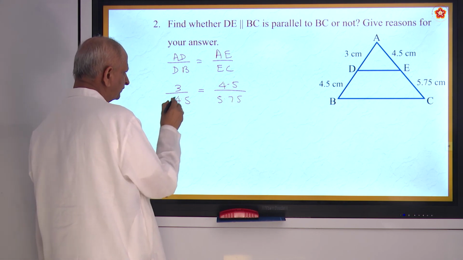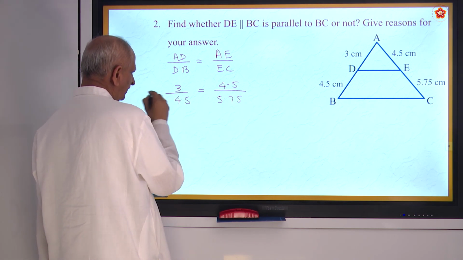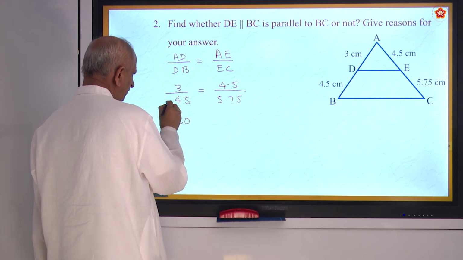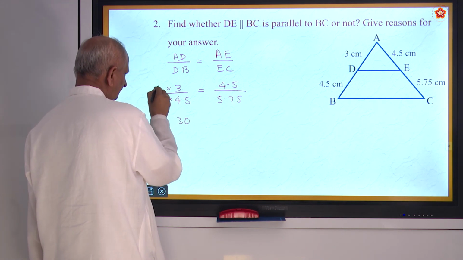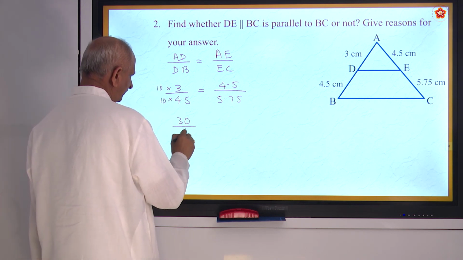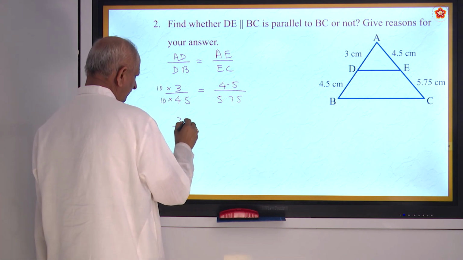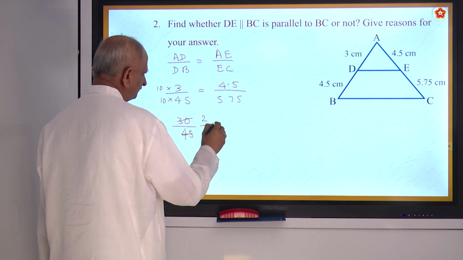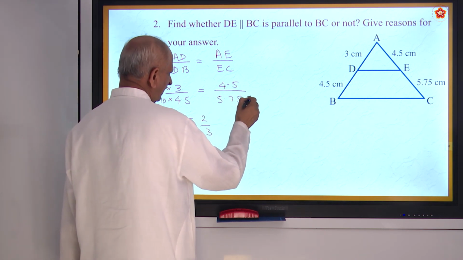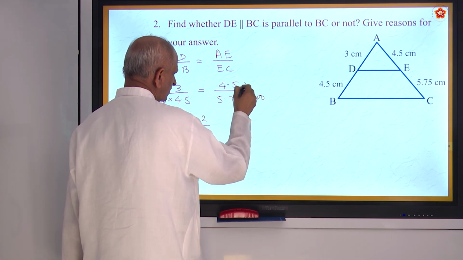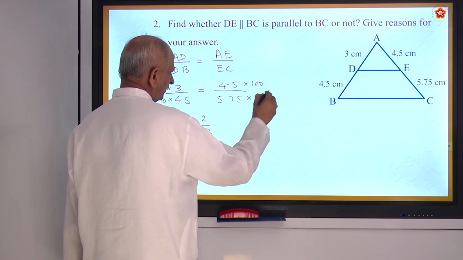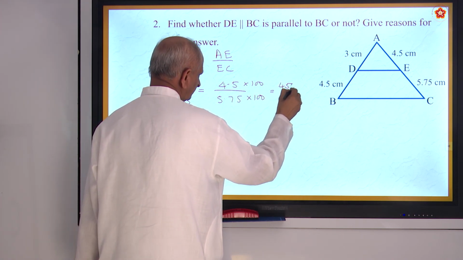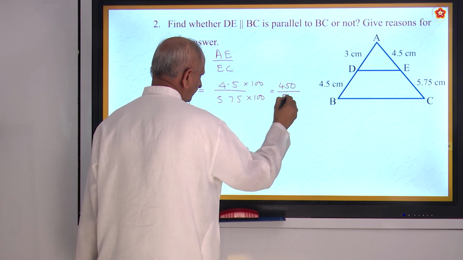So 3 by 4.5, shall we multiply by 10 on both sides? 30 by 45. It will be 2 by 3. And this you multiply by 100. It will be 450 by 575.